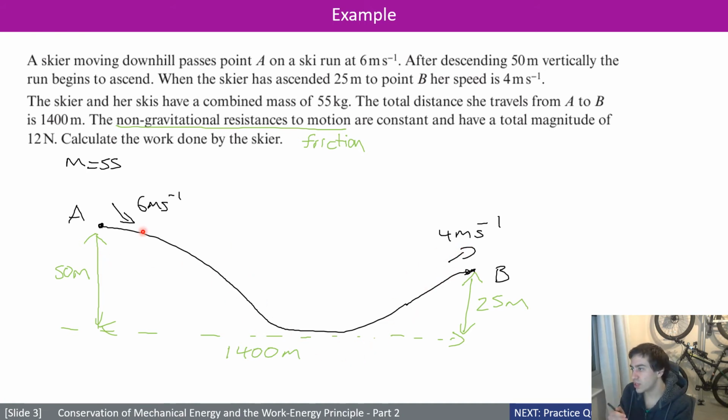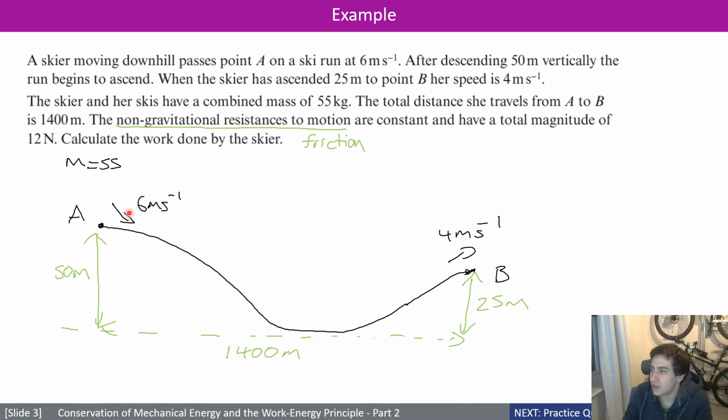As long as the friction is always parallel to the direction of motion, which it will be, then it doesn't matter what the shape of the slope is. As long as the slope doesn't sort of turn into a ramp and the skier stays on the slope itself, as long as they maintain contact, then that's also fine. And we've been told that's the case because that resistance is constant. So the shape of the slope doesn't actually matter.